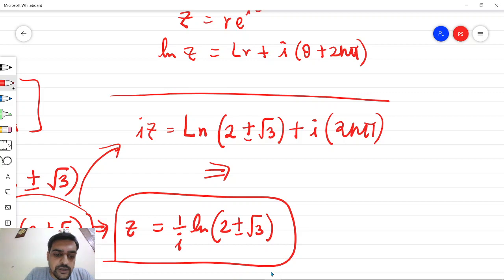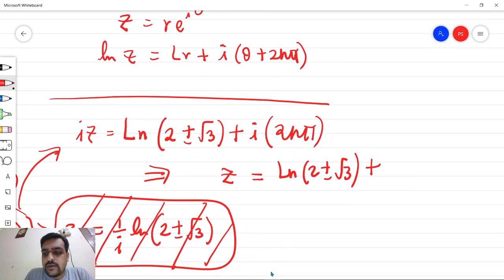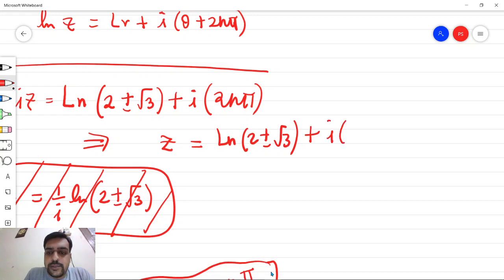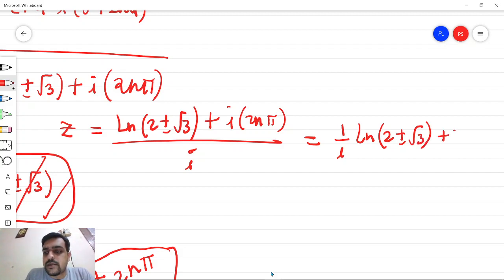Hence we can replace this by a more general result and get z equal to Ln of 2 plus or minus root 3 plus i times 2n pi, whole divided by i, which is equal to 1 upon i times Ln of 2 plus or minus root 3 plus 2n pi.